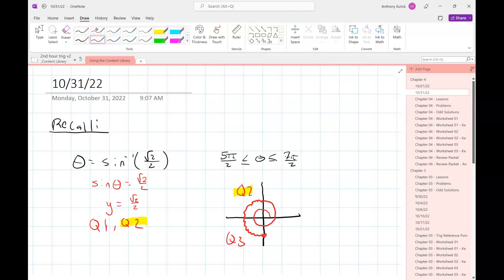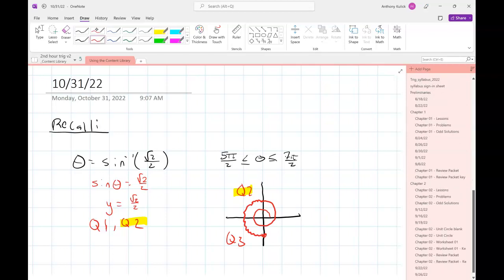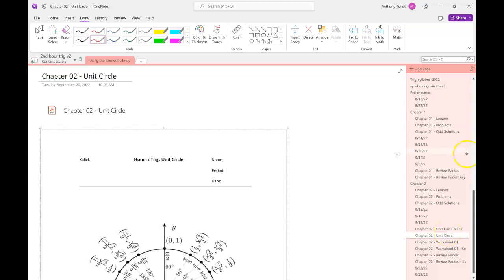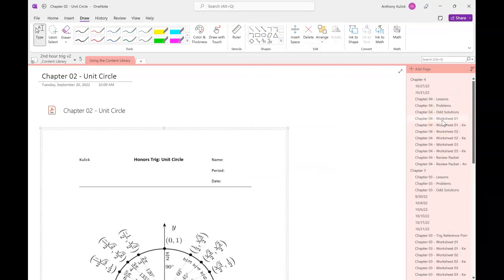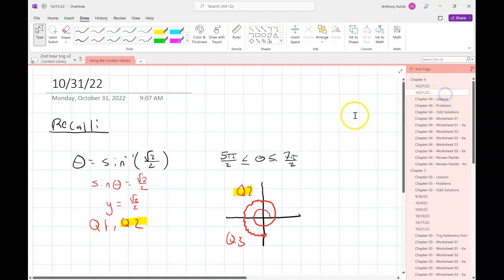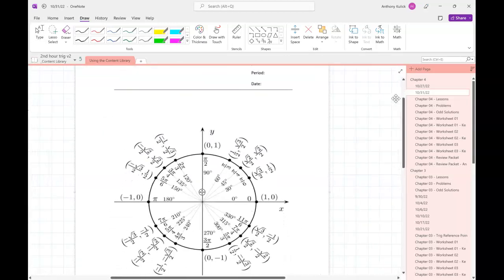Once I've figured out what quadrant I'm in, I take a look at my unit circle. We're looking in quadrant 2 for the place where sine, which is y, is root 2 over 2.